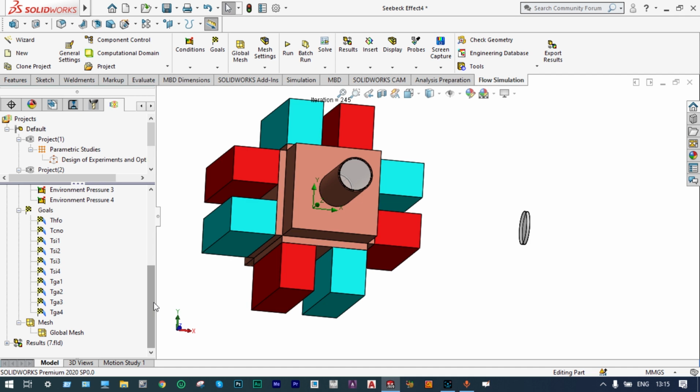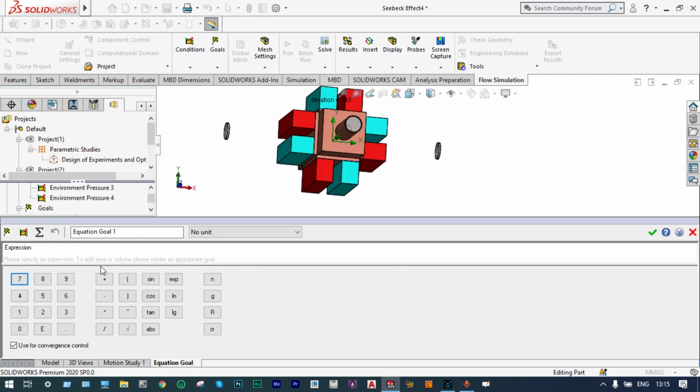That means we have to create some equation goals. Again, goals. Insert equation goals. And the equation goals will be obtained from the predetermined goals itself. As we don't know the temperature at which surface is more, that's why we want to have an absolute temperature difference between this gallium arsenide and silicon.